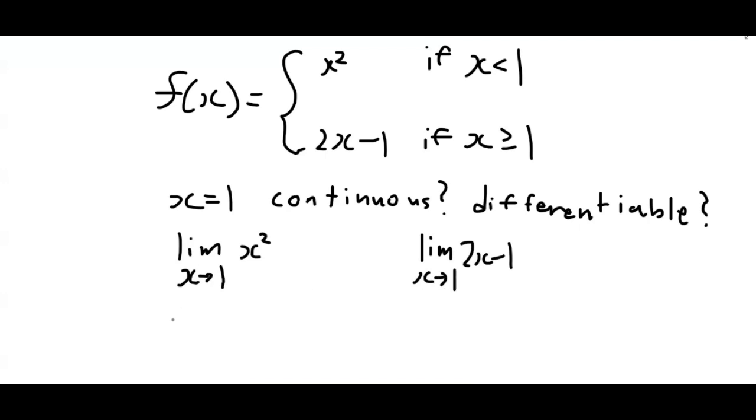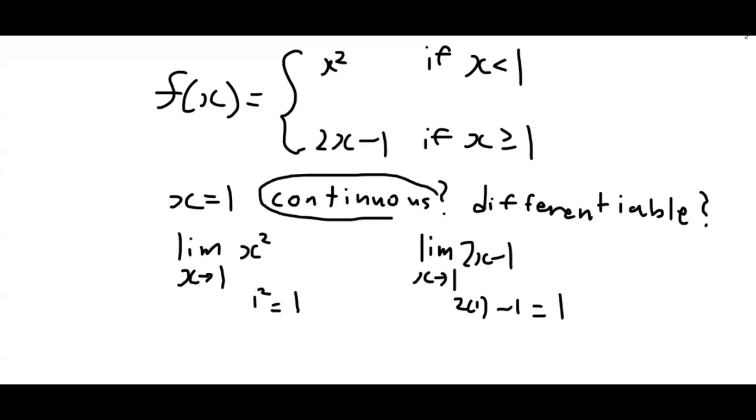Let's see the value. So 1 squared is 1, 2 times 1 minus 1 is equal to 1. So when we check the limits, both of them go to 1. So we can say that this function is continuous. So yes, this is continuous.